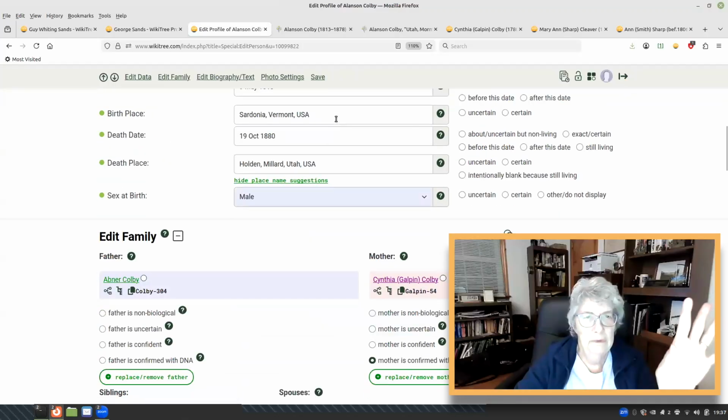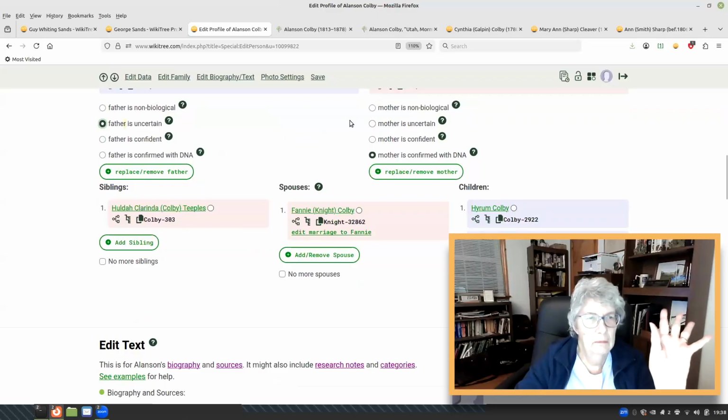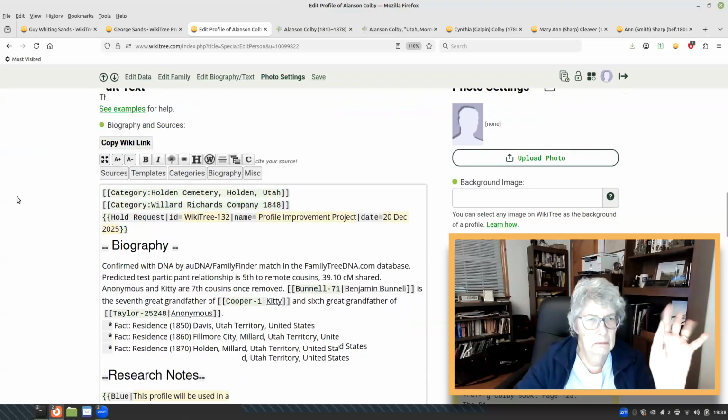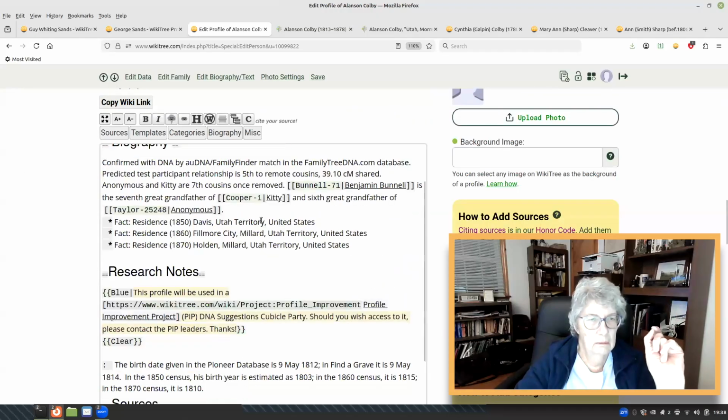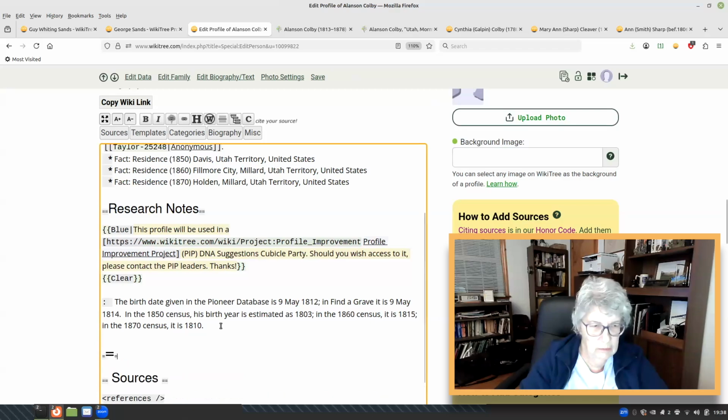So what we're going to do is change the status. We're going to add a DNA subsection.